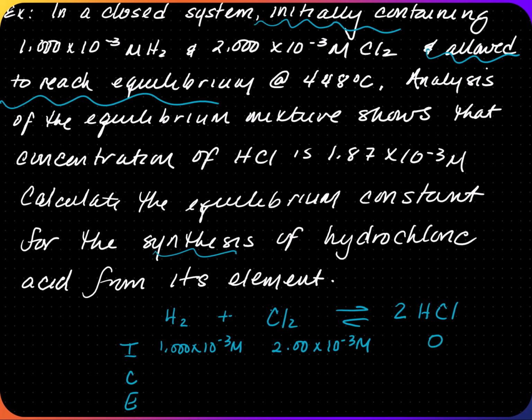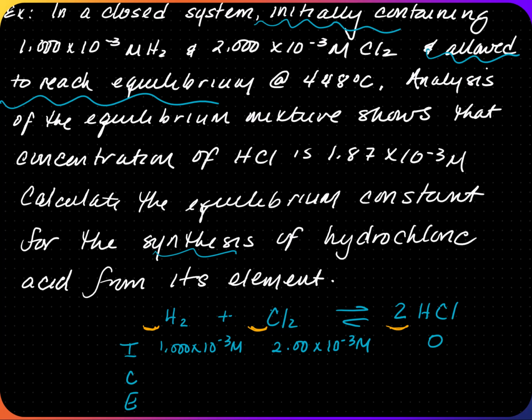The change is how much the reactants will decrease during the reaction and how much the products will increase during the reaction. To write our change, we must look at the coefficients of the balanced reaction, because for every 1 hydrogen and every 1 chlorine, 2 hydrochloric acids are produced.